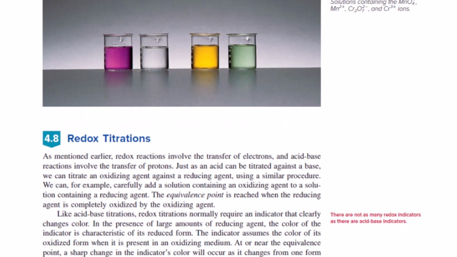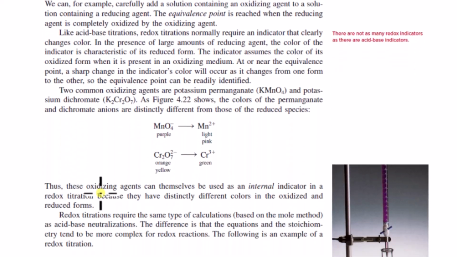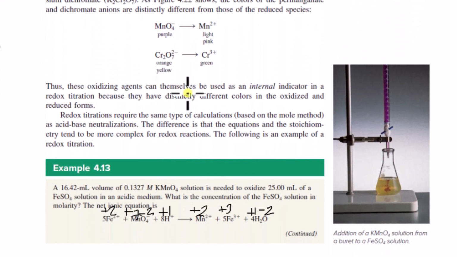Okay, and so it says, thus these oxidizing agents can themselves be used as internal indicators in a redox titration because they have distinctly different colors in the oxidized and reduced forms.